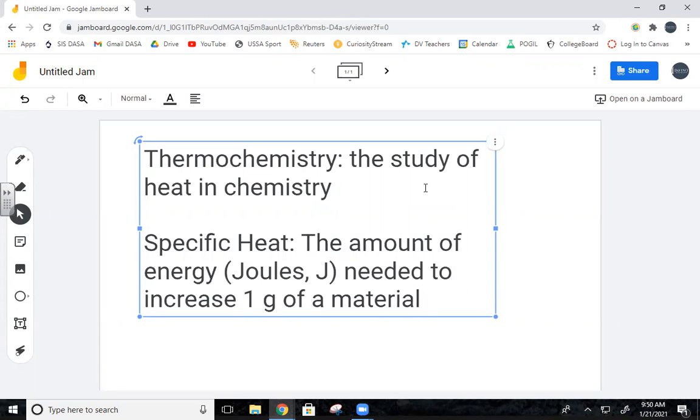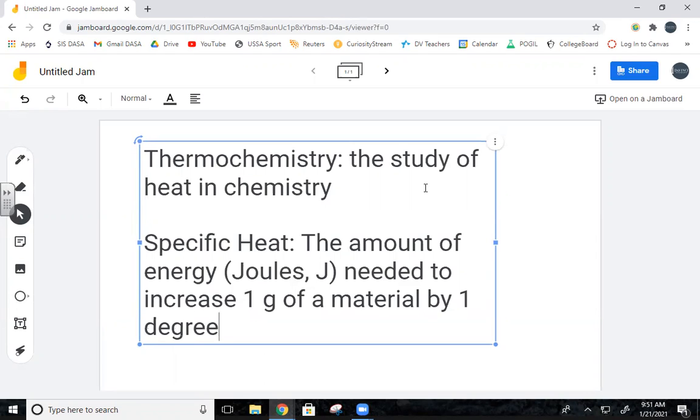Increase 1 gram of, I guess you could just use heat there, by 1 degree Celsius. I don't know how much that makes sense. Increase heat, or add heat, I guess.